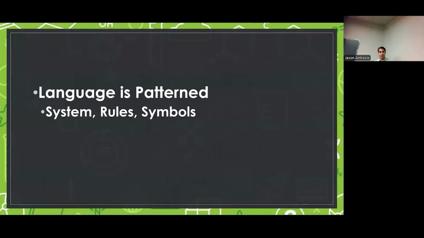Now, as we were talking about a little bit, language is going to be patterned. So the ways in which we know what a word means has to do with the system within which it resides. And so there are certain rules about language. Most of them we internalize without even knowing it.